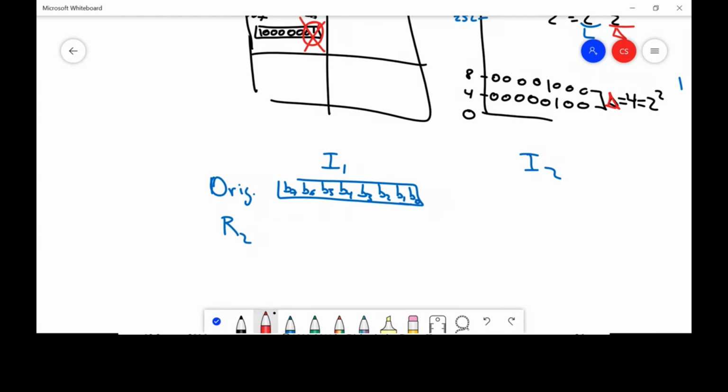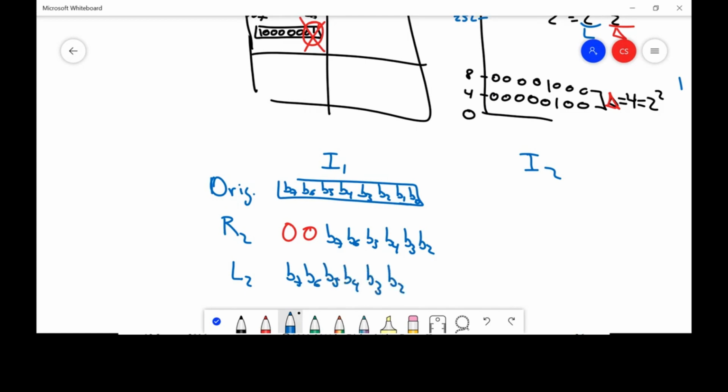So now you have 0, 0, and then B7, B6, B5, B4, B3, B2. The last 2 bits are free. Now we do left shift by 2. So now we have B7, B6, B5, B4, B3, B2, and then 0, 0.